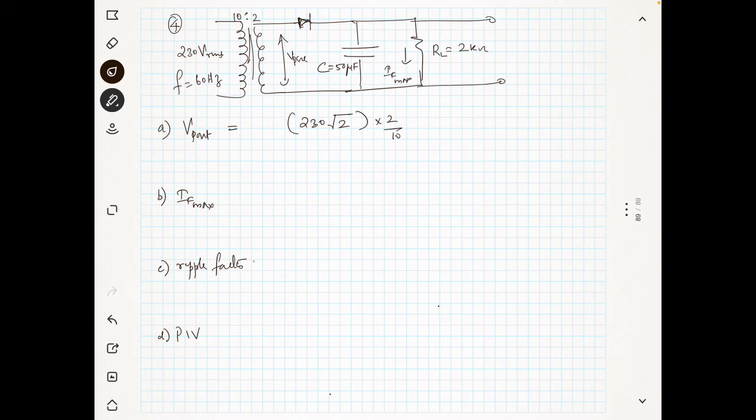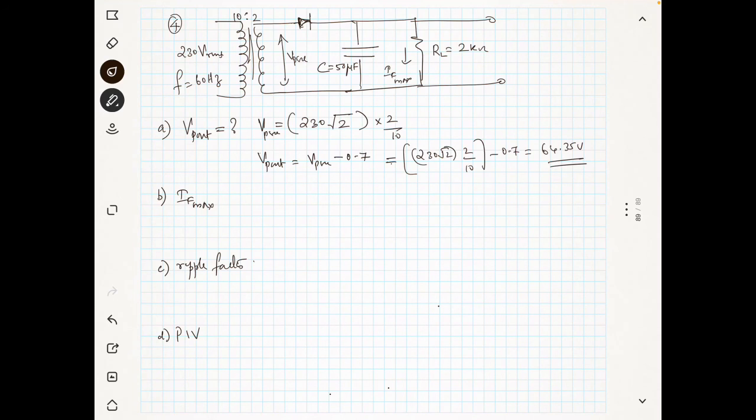So Vp out can be obtained by Vp secondary minus 0.7. So you will have 230 into square root of 2 into 2/10, the whole thing minus 0.7, you will get it as 64.35 volt, okay.